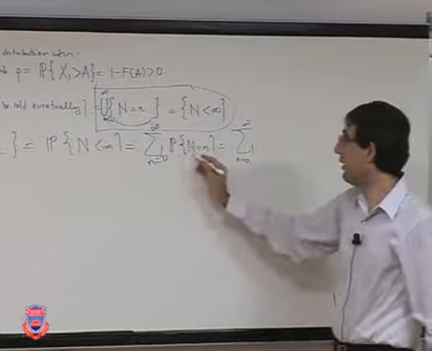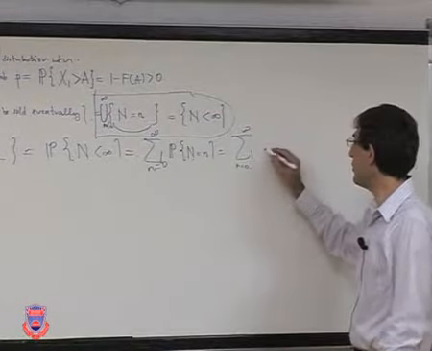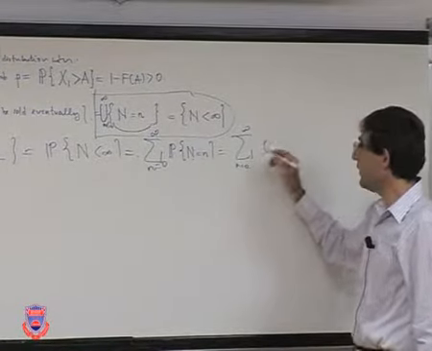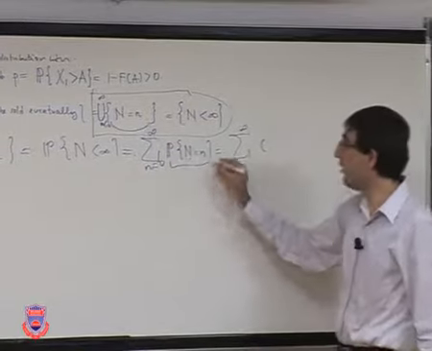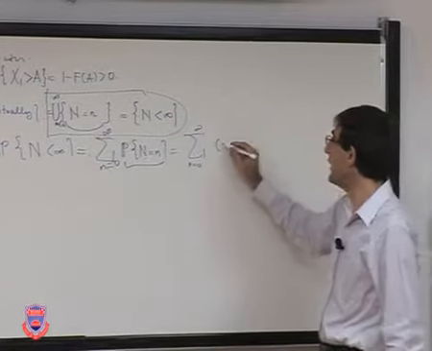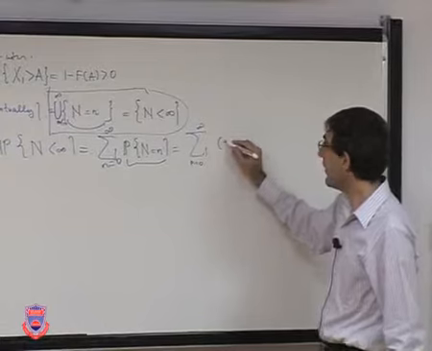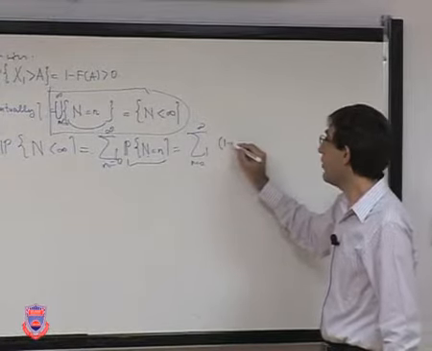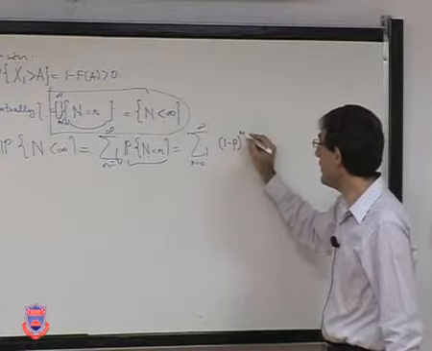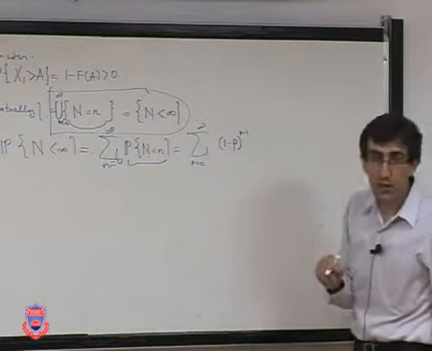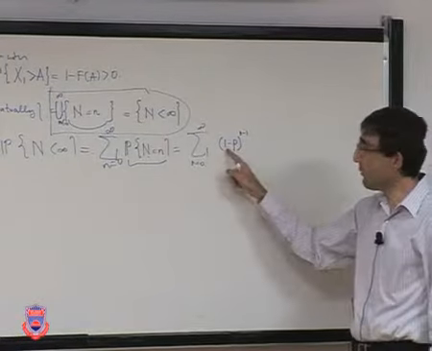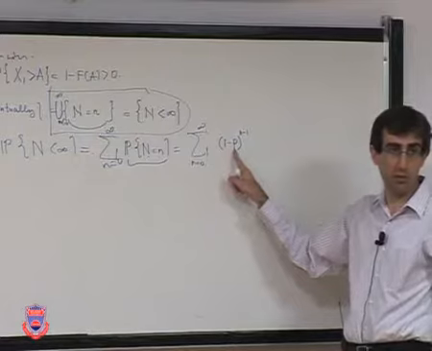Right? And, well, we said n has a geometric distribution, so you remember the way we derived it. Having the first success on the nth trial has the probability what? You must have n minus 1 failures before, each of which will happen with probability 1 minus the success probability, right?